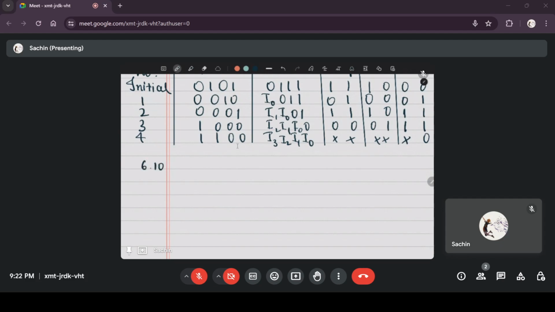I'll go to 6.10. We'll go to problem 6.10.